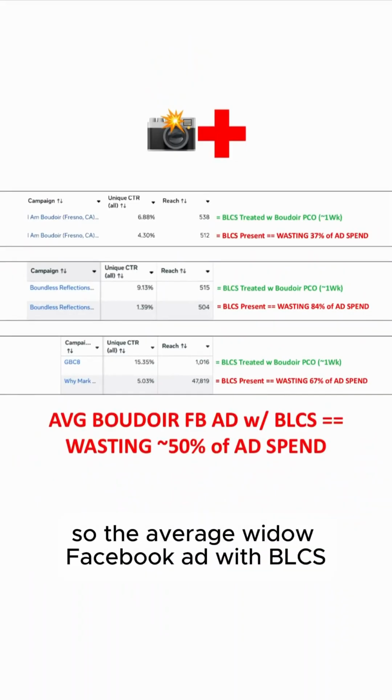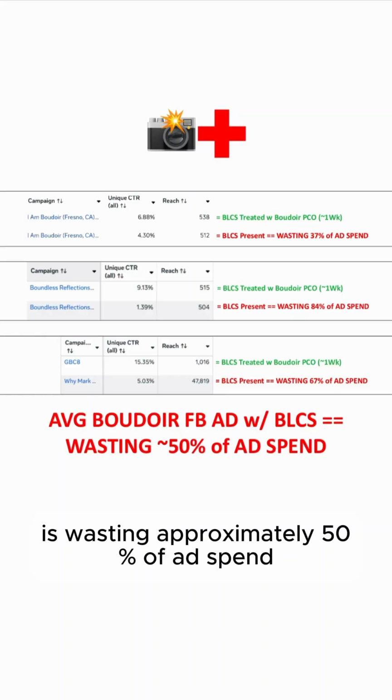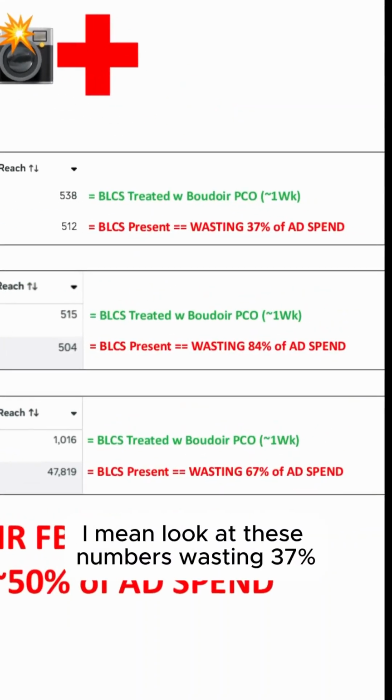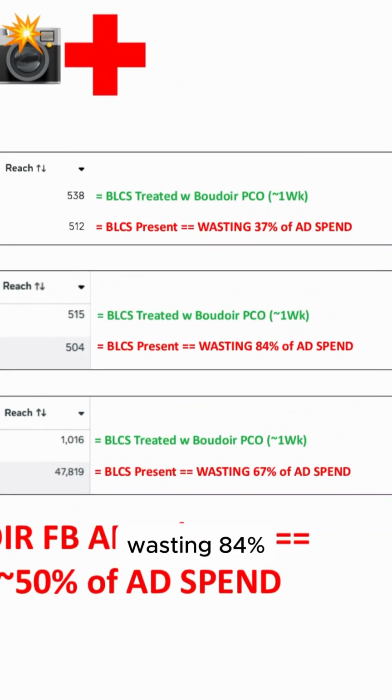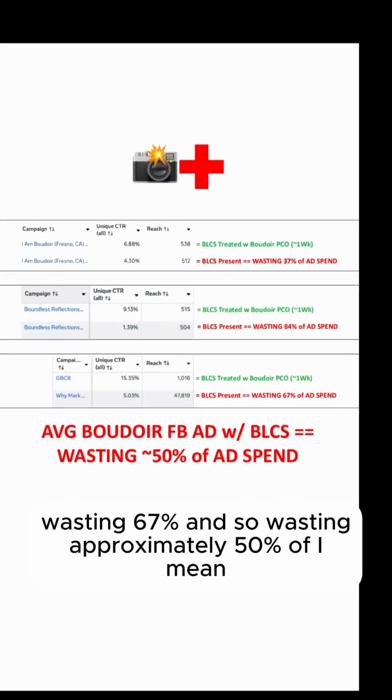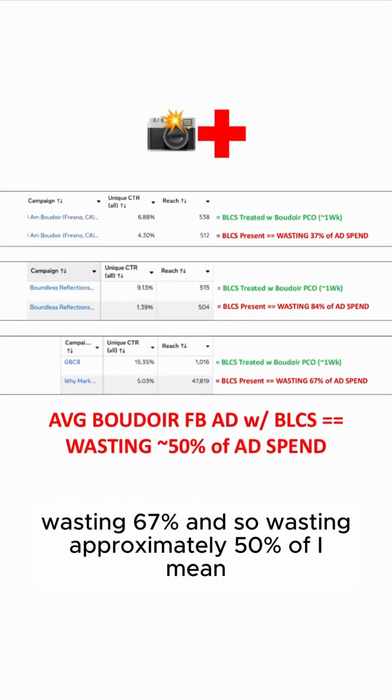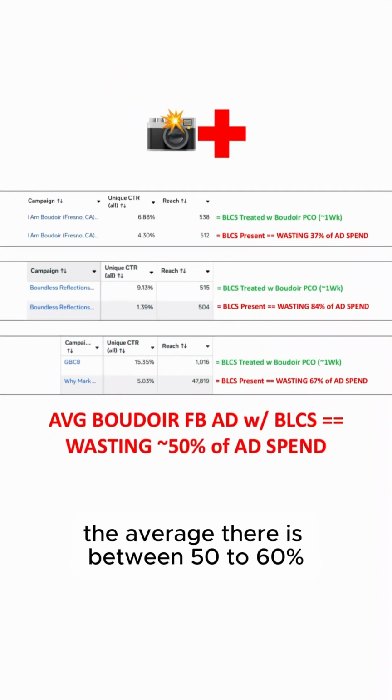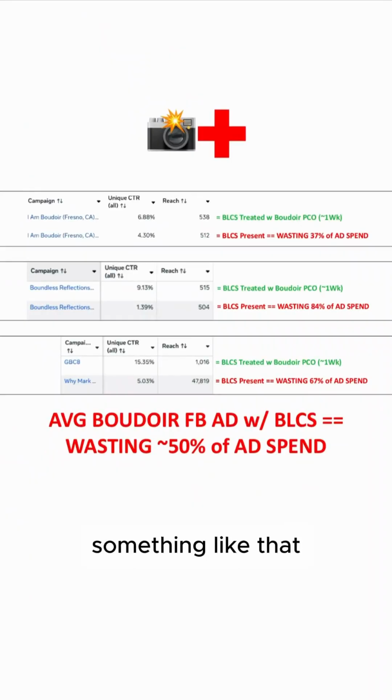So the average Boudoir Facebook ad with BLCS is wasting approximately 50% of ad spend. I mean, look at these numbers, wasting 37%, wasting 84%, wasting 67%. So wasting approximately 50% of it. I mean, the average there is between 50 to 60%, something like that.